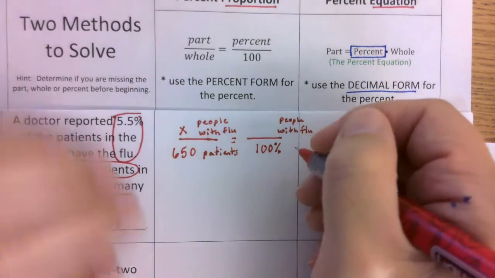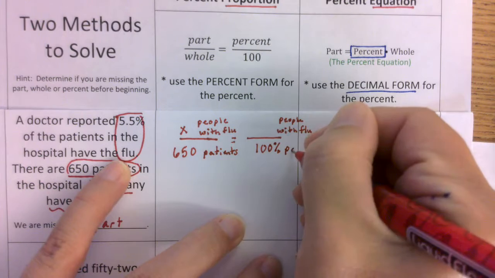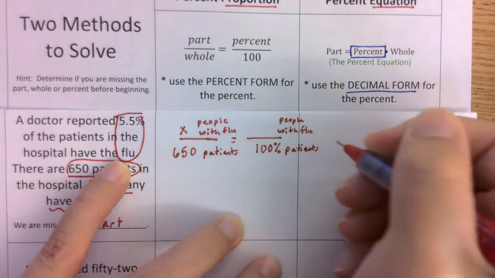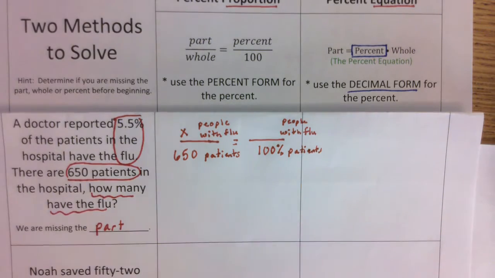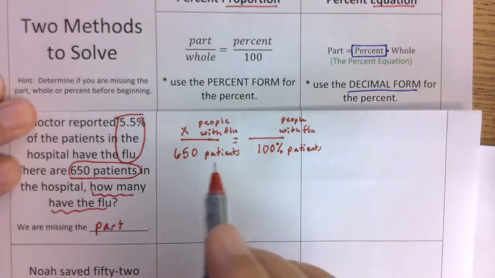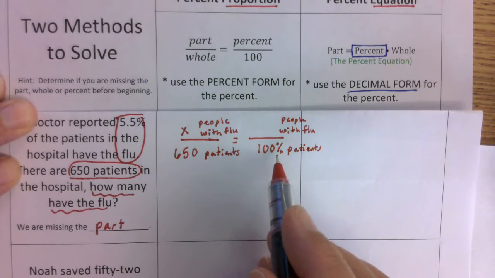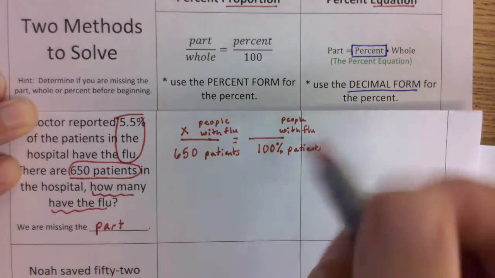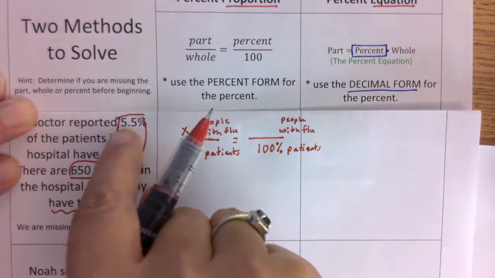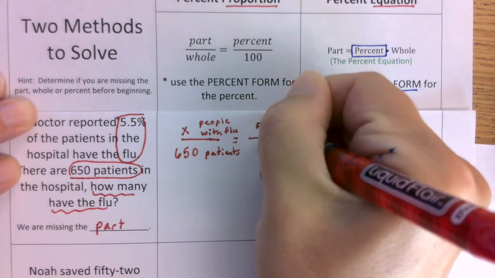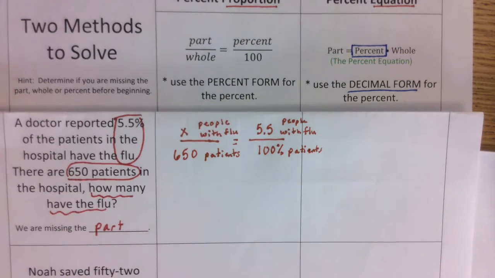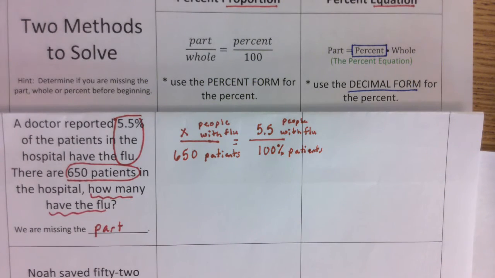And that's 100% of the patients in the hospital, right? So notice we have the total amount of patients, we have the total percent. Up top, we have the X for people with flu, and then I need the percent of people with flu. So I know it, it's 5.5. All right, cool. So now that we have all that, I can start to solve this.